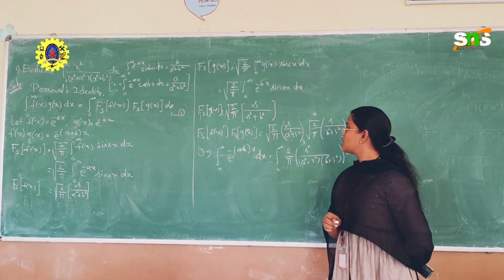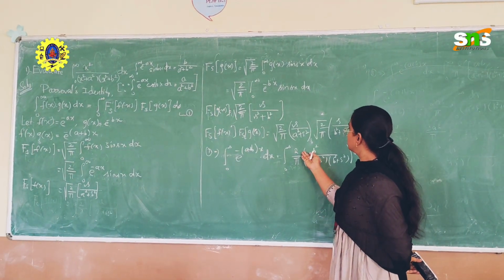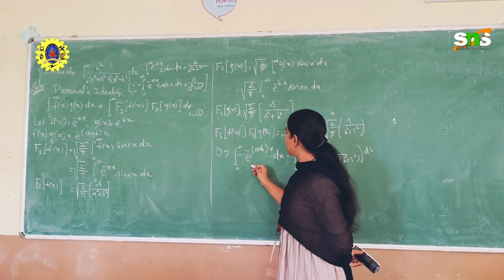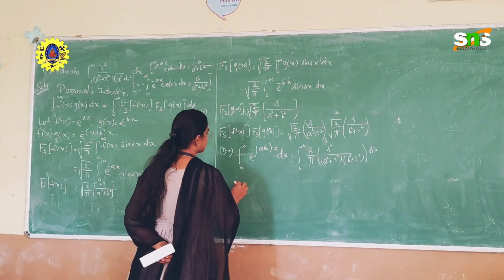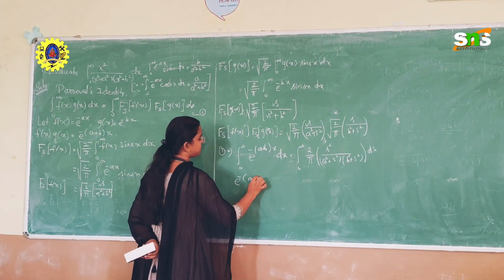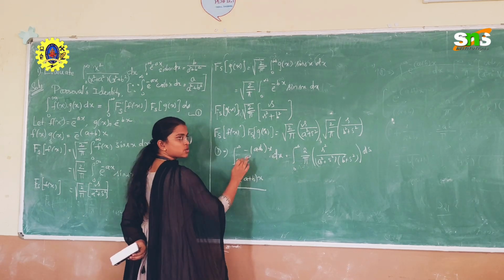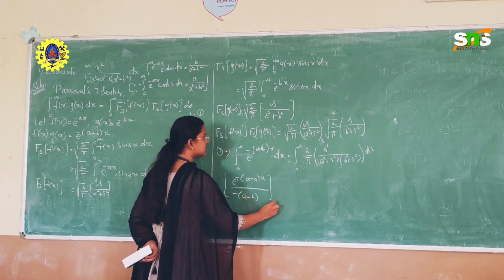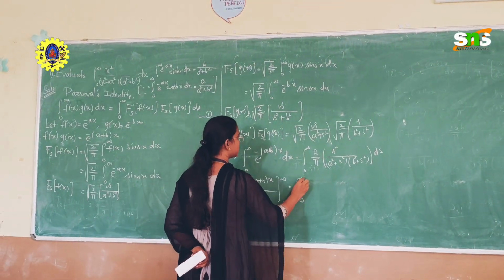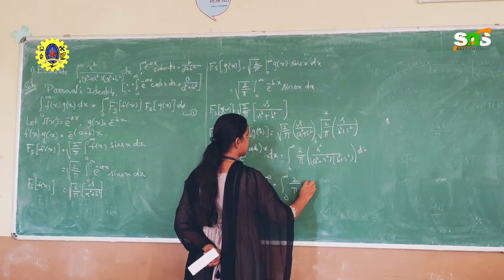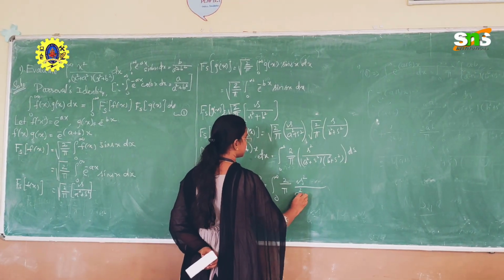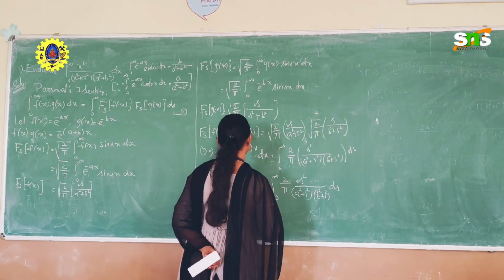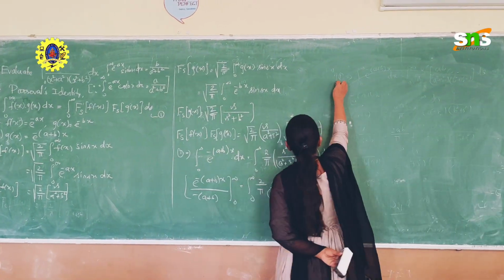Into ds. So now we are taking this 2 divided by pi to that side after the integration. So now we are going to integrate this term, which is e power minus a plus b x divided by the x coefficient, which is minus a plus b. The limit is 0 to infinity. So now you have to substitute the limit value.